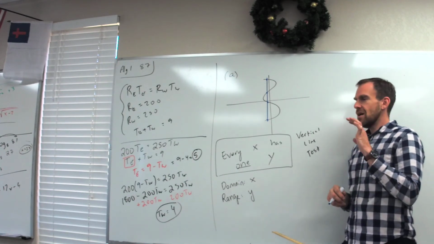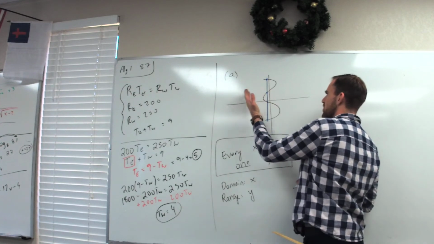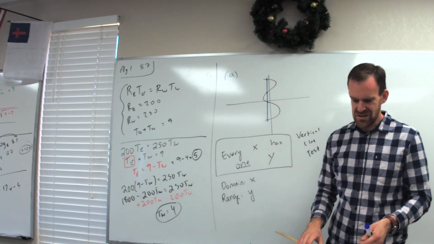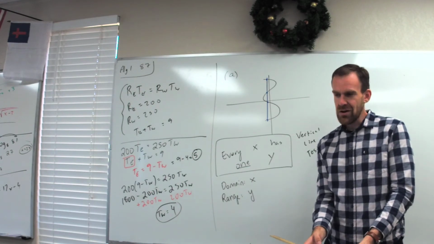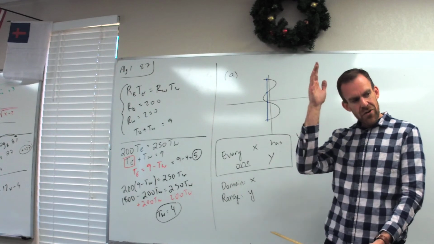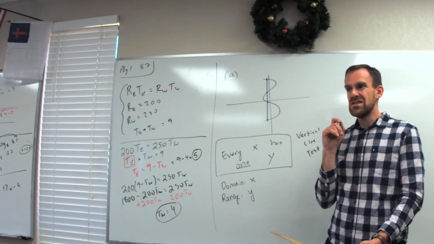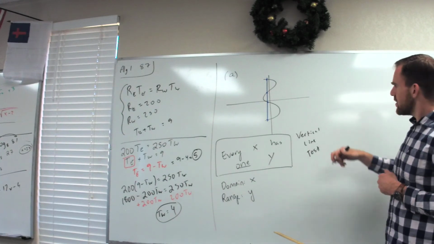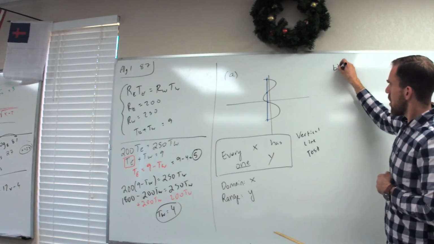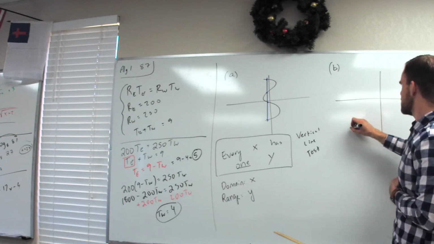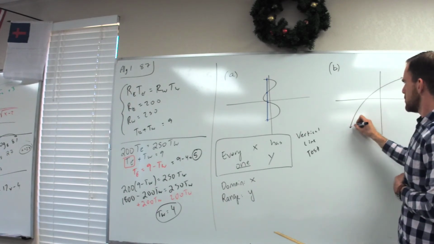So, as you put your vertical line across your function, you can do this on your paper as it's written down. You go across. If it touches more than once on any vertical line, then it is not a function. Let's look at example B. This one is a function. Why?